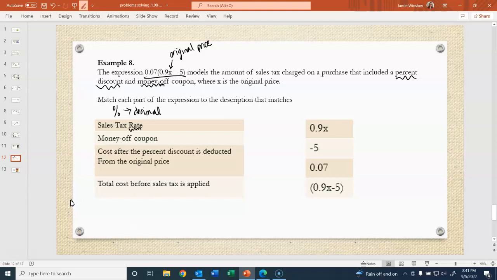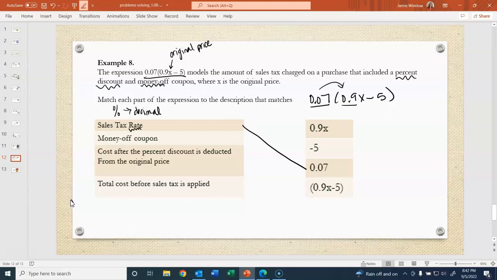So which decimal are we multiplying by everything? Let me rewrite this over here. There are two decimals in this problem, right? 0.07 and 0.9. We're multiplying the 0.07 by everything. So that is going to be our sales tax. We pay sales tax on the entire purchase.